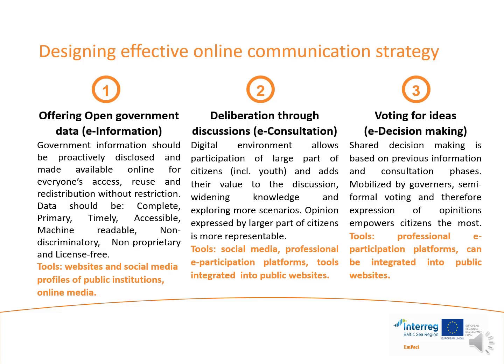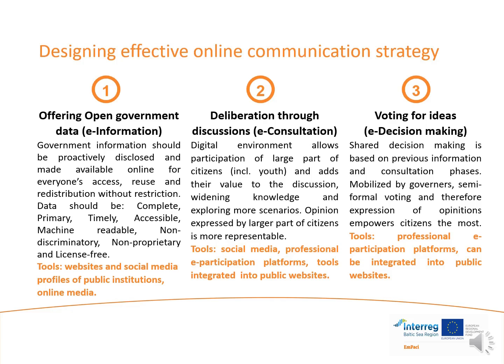Speaking about how effective online communication is developed for each of these models, here you can see methods and tools for e-information, e-consultation, and e-decision making. For implementing e-information, all open government data should be made public in online sources, freely available on websites, social media profiles, or public institutions.